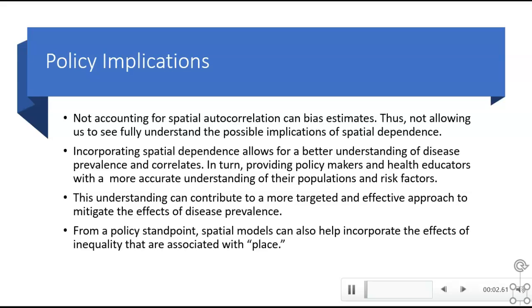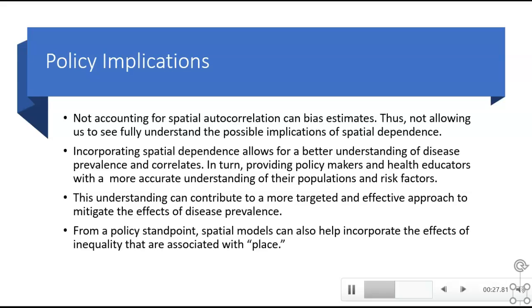So our goal here was to show, using some basic models, how spatial correlation can impact policy, and that not accounting for spatial autocorrelation can bias our estimates. Therefore, we might not be able to fully understand the possible implications of spatial dependence, especially when we're looking for a better understanding of disease prevalence and its correlates.